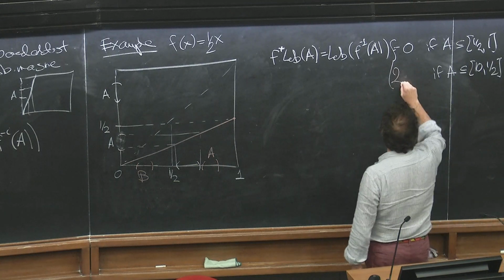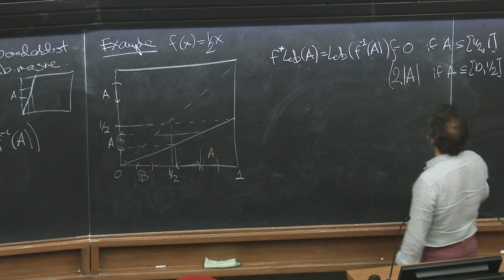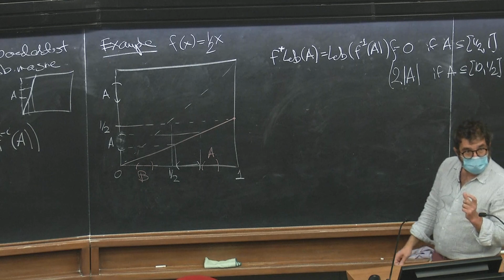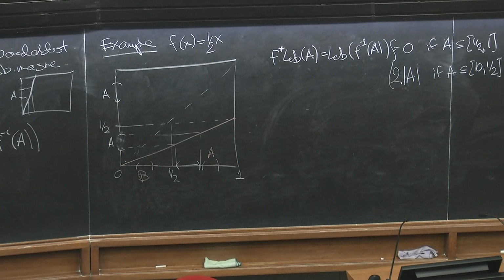So it will be equal to 2 times, let me use this notation for just the Lebesgue measure of A, 2 times on 0, 1/2. Is that clear for everybody?